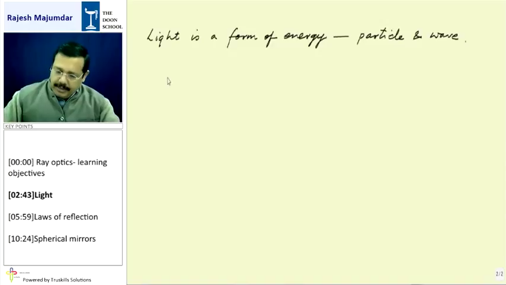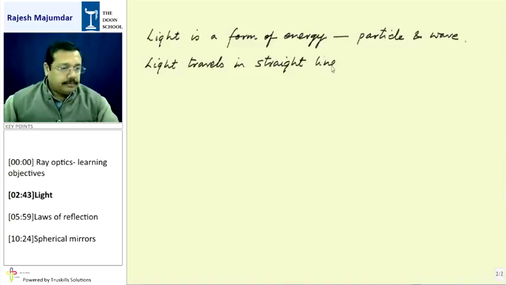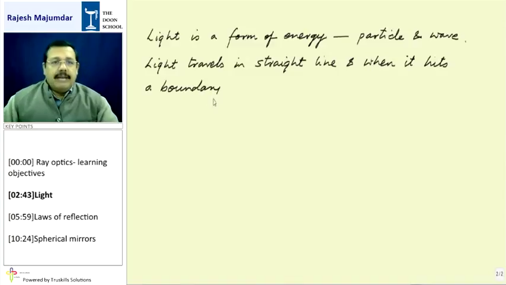One more thing, light travels in a straight line. We all know that. And when it hits a boundary, what is the meaning of boundary?